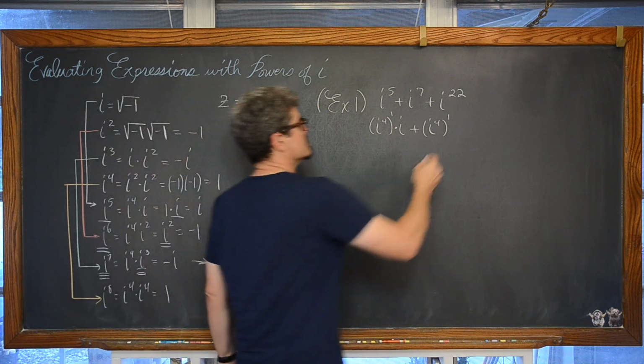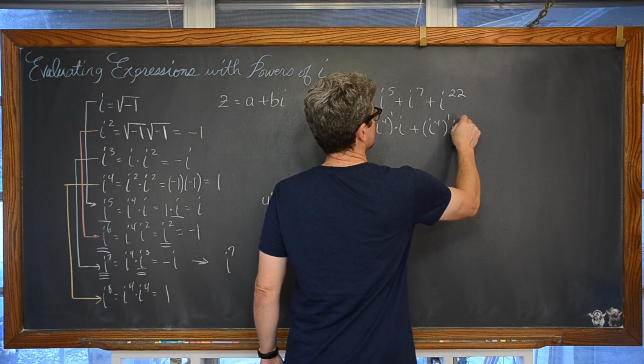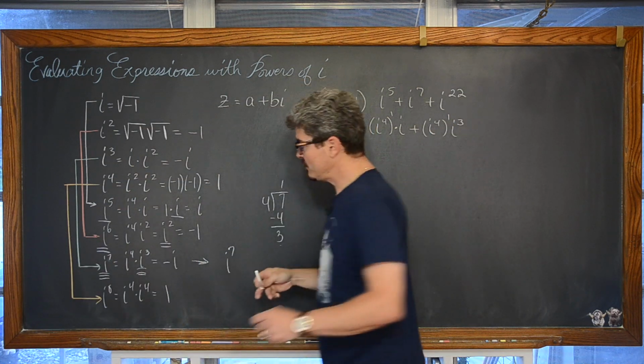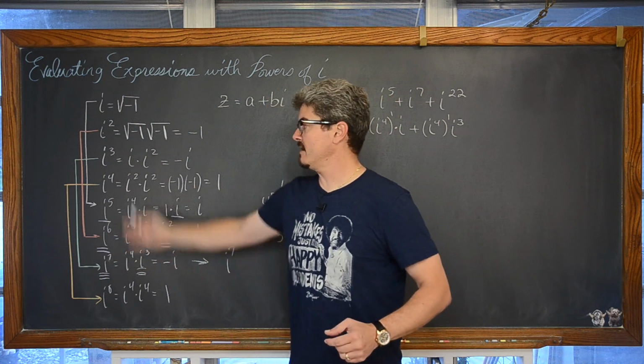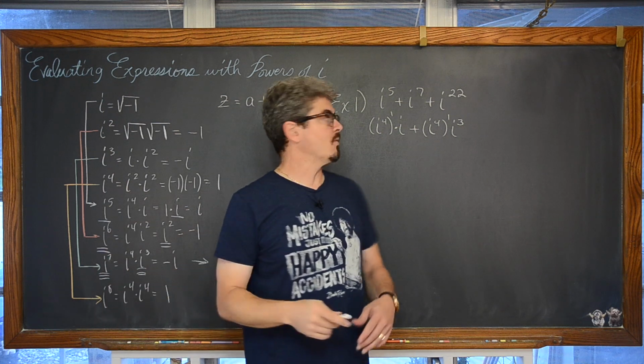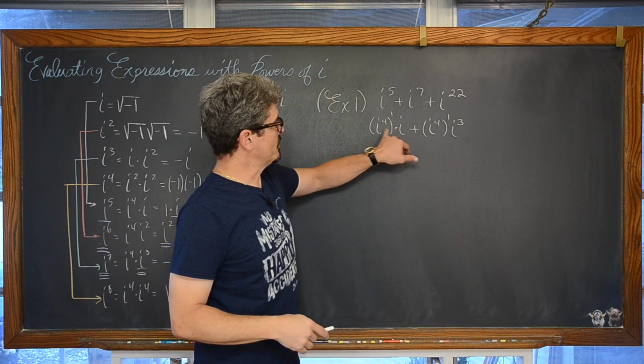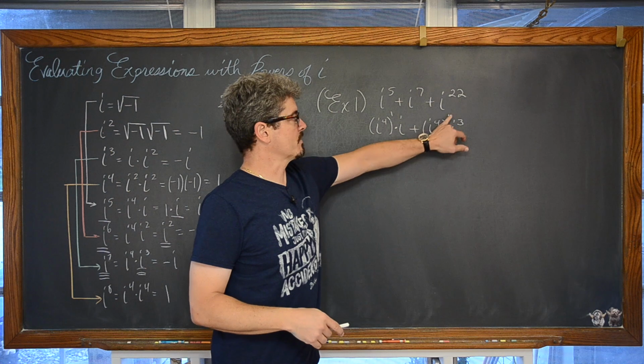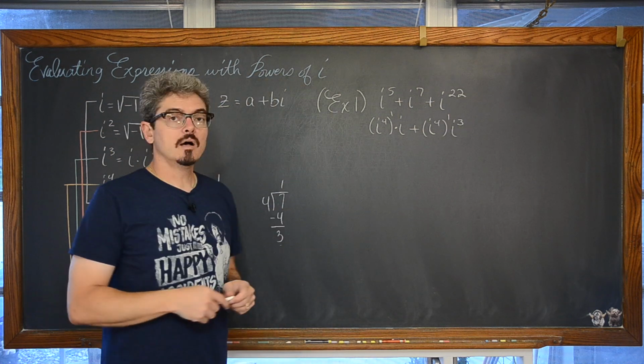And then we've got another i to the 3rd, basically just rewriting what I've already run through here with our powers of i to the 1st through the 8th power. And I'm doing something a little different here with the parentheses and the i to the 4th raised to some power. And here is where that comes in.